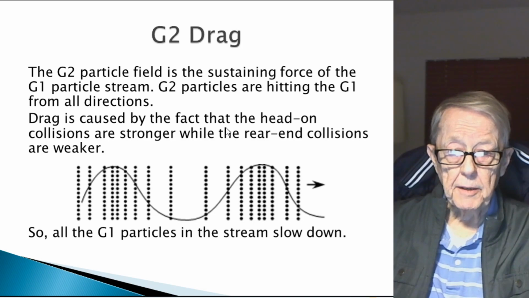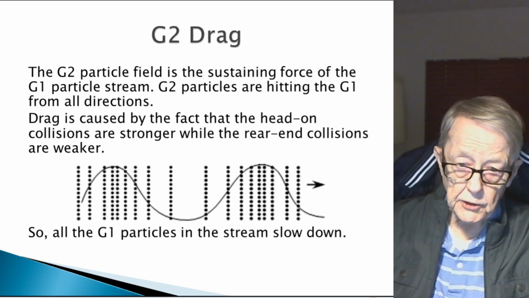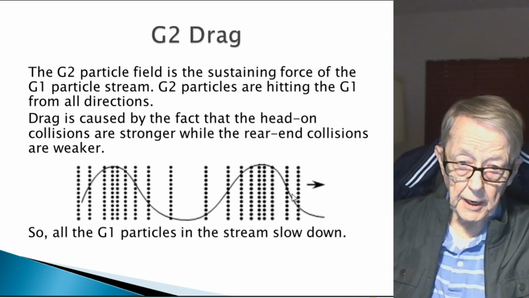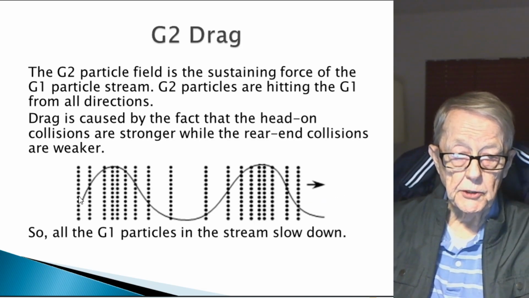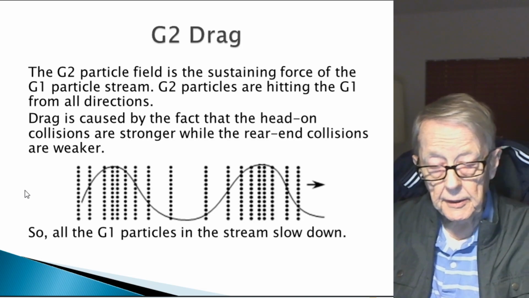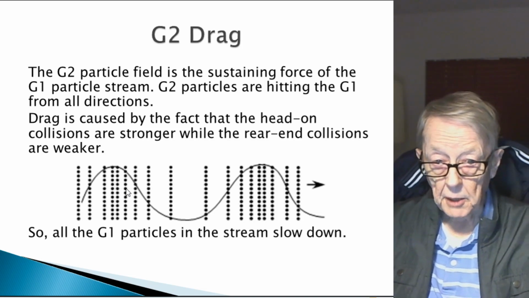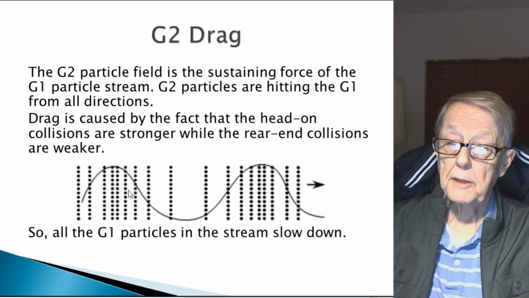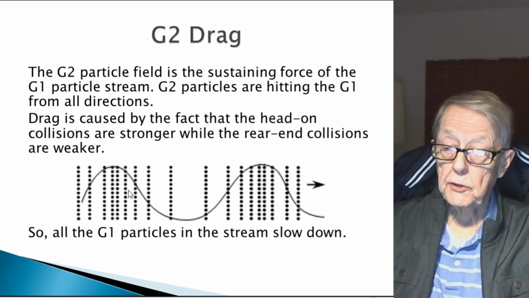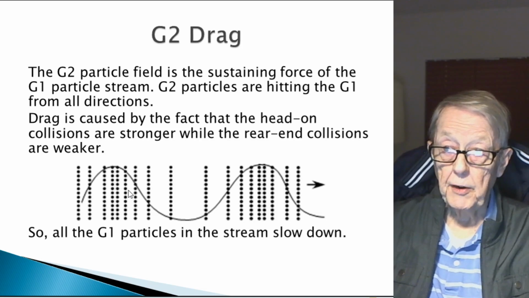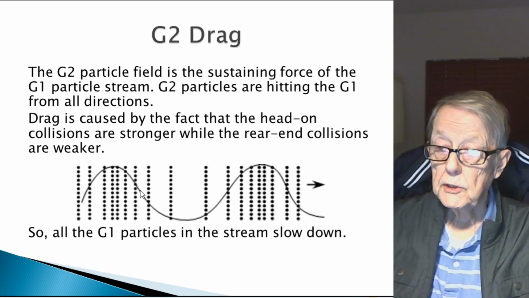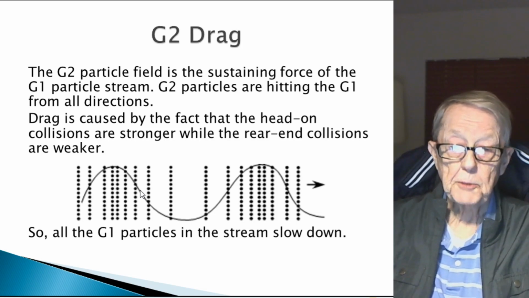Drag is caused by the fact that head-on collisions, that is G2 particles coming this way, hitting against the oncoming G1 stream, are stronger than G2 particles coming this way. It's a very slight bit of drag caused by the speed difference between the G2 particle, which is very, very fast, and the G1 particle, which is only going at the speed of light.